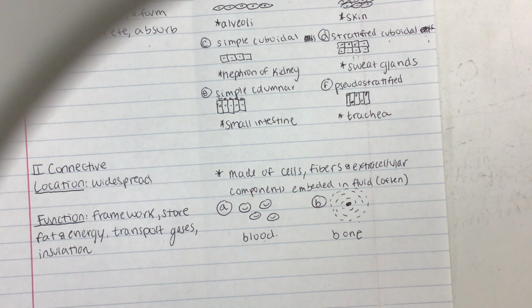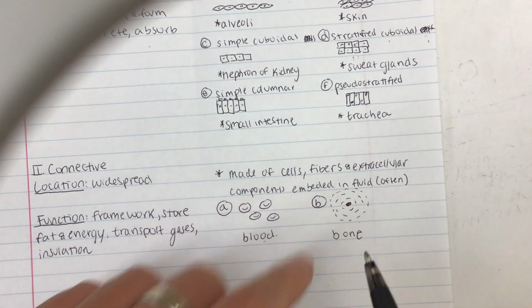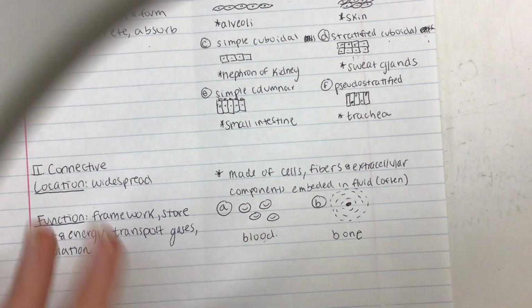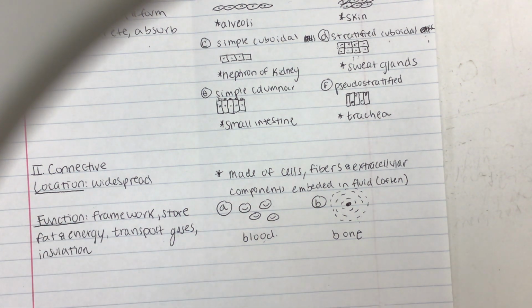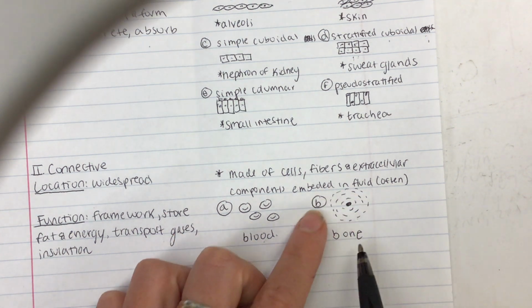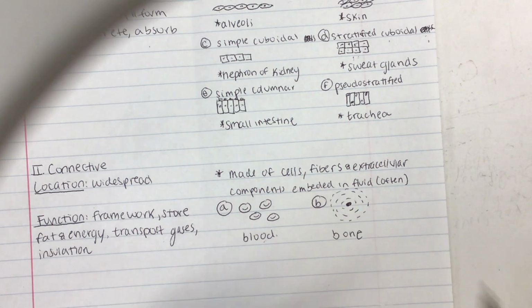We never really say bone cells because there's so many types of cells in bones, like osteoblasts, which build bone, and osteoclasts, which break down bone, and osteocytes, which live in these little holes here. So we have a bunch of different types of bone cells. But this organization will make more sense when we get to Unit 2 and talk about the skeletal system. You'll refer back to this and it'll make more sense. But this is not a cell. This is the organization of bones, which encompasses many cells.